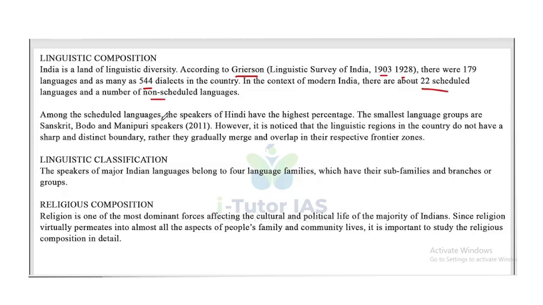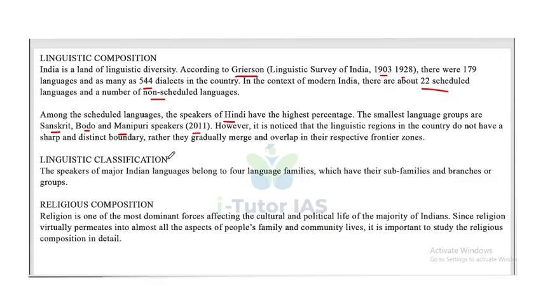Among the scheduled languages, the speakers of Hindi have the highest percentage. The smallest language groups are Sanskrit, Bodo, and Manipuri speakers, as of 2011. However, it is noticed that the linguistic regions in the country do not have a sharp and distinct boundary. Rather, they gradually merge and overlap in their respective frontier zones.